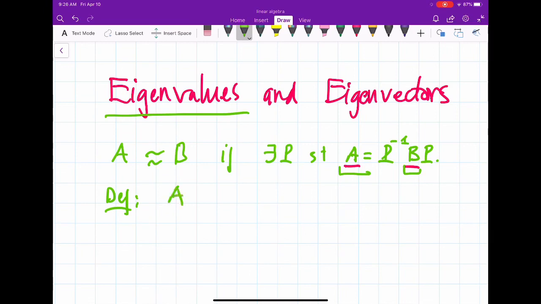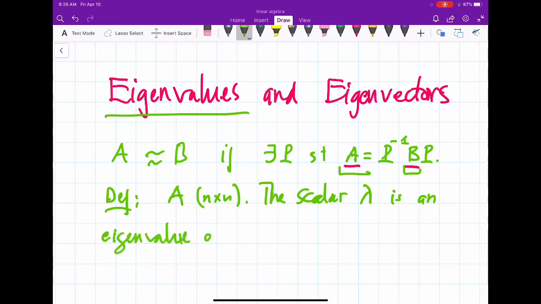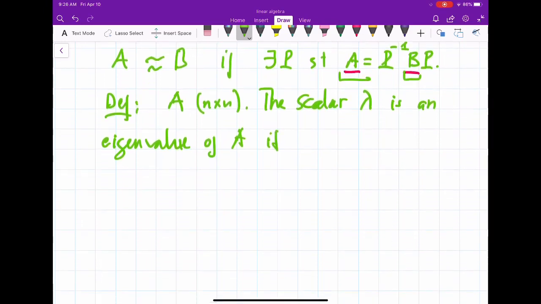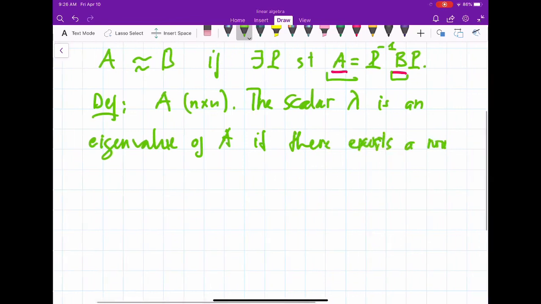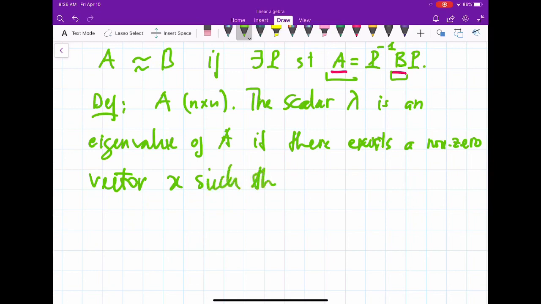Suppose that you have some matrix A, let's say square. A scalar lambda is an eigenvalue of A if there exists a non-zero vector x such that Ax equal to lambda x.